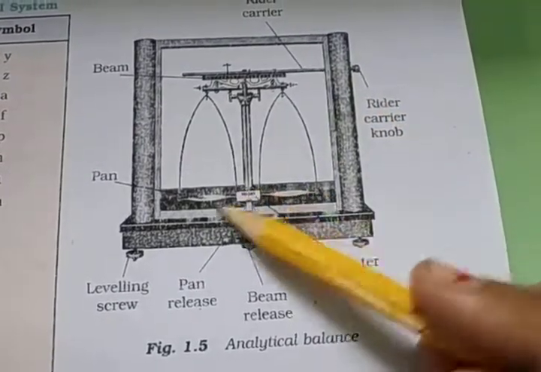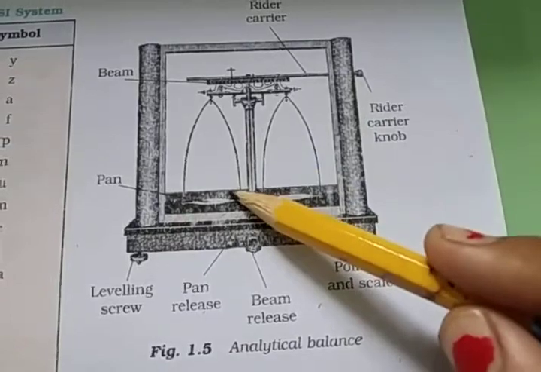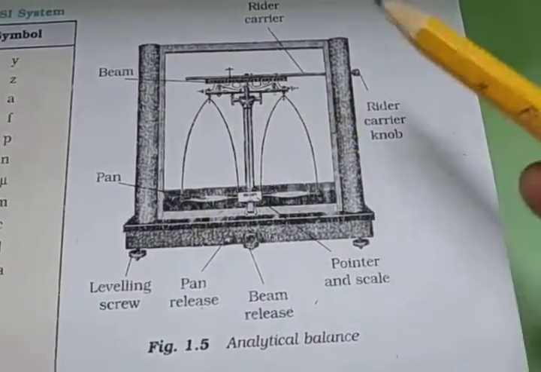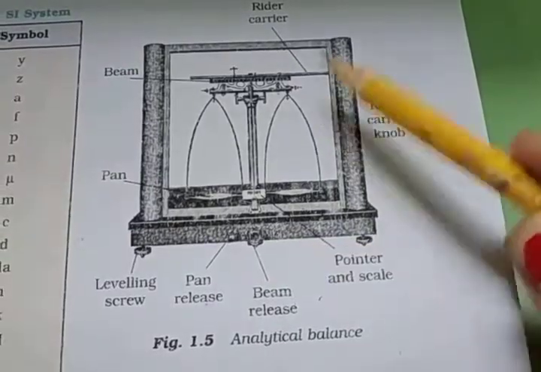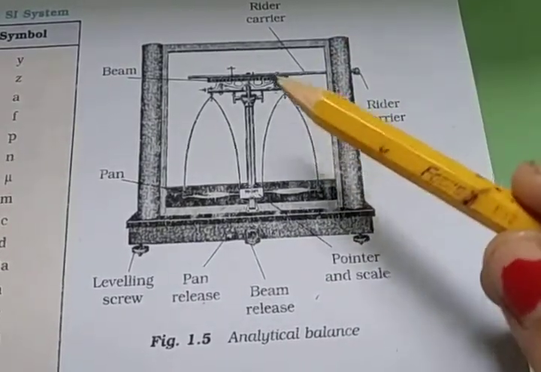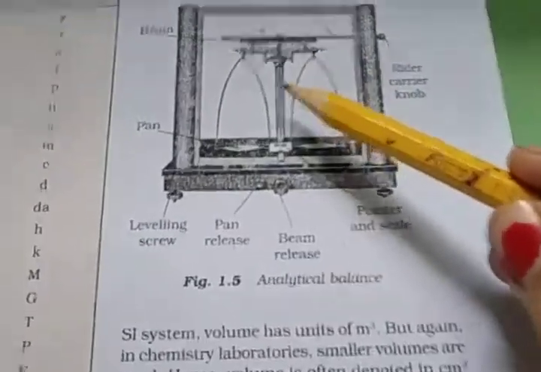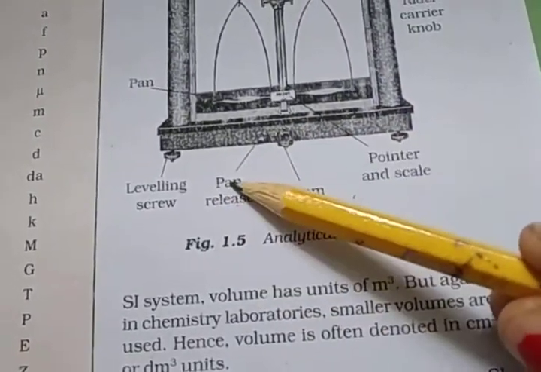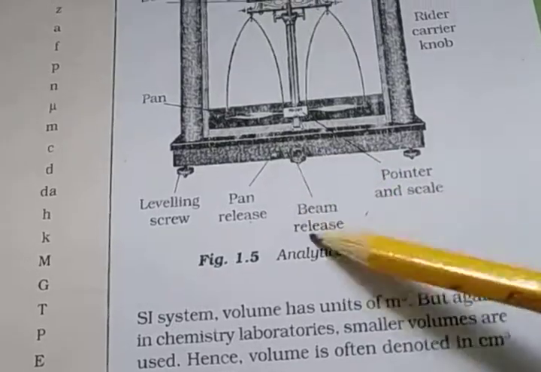On both side pans we have to put any substance for measuring its mass. This is the analytical balance used in the laboratory to determine the mass of the substance.